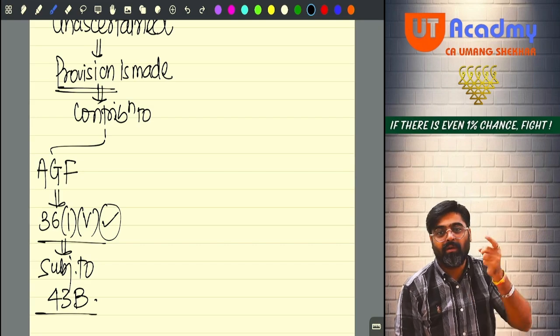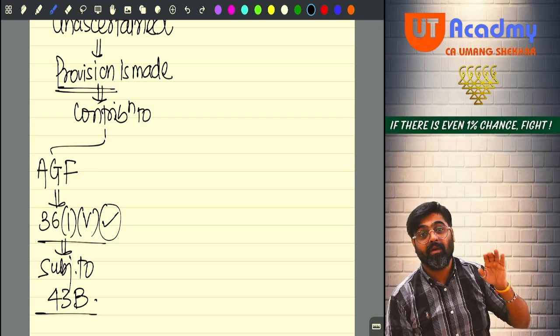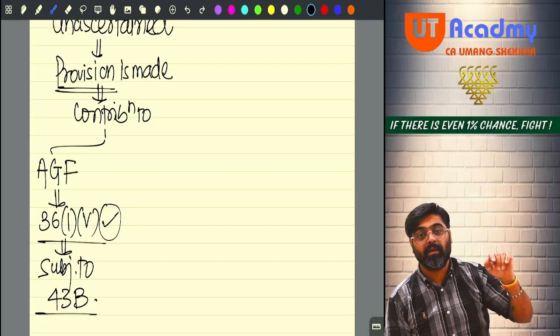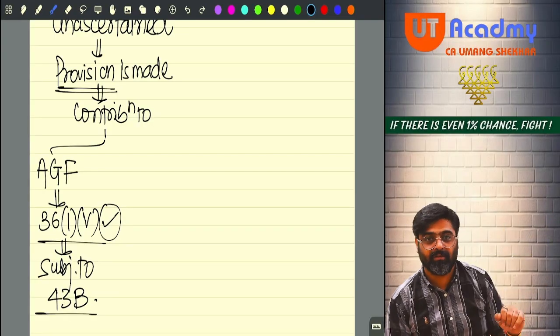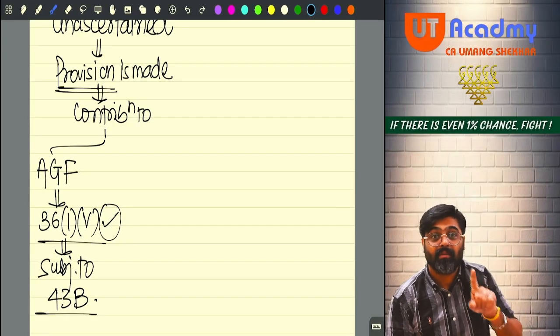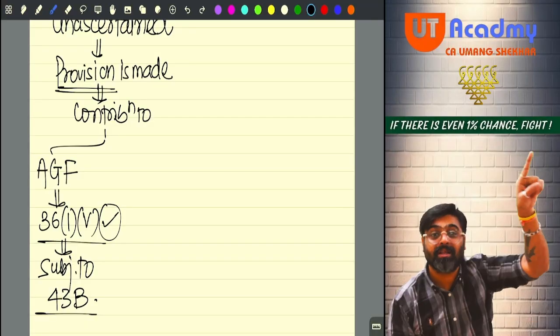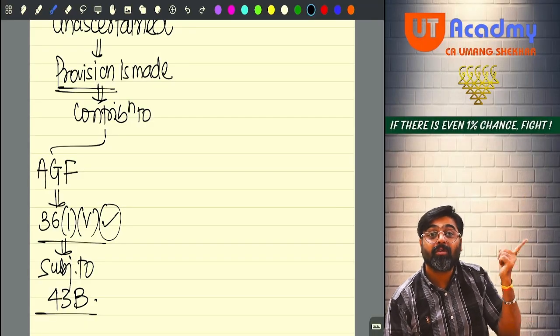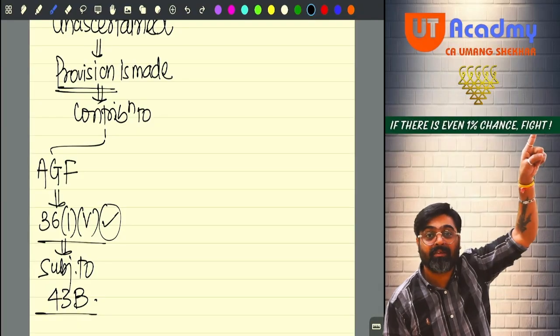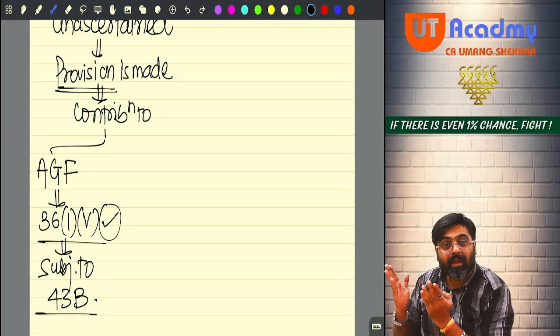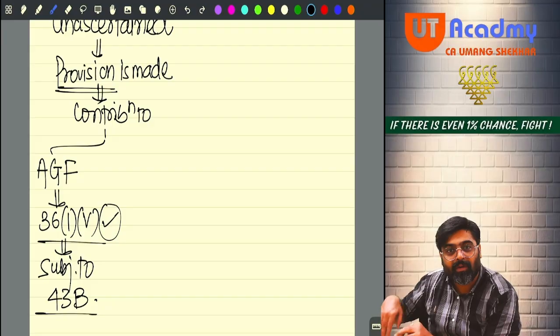In that year, whatever gratuity paid is my expense of that year, but it will not be allowed as a deduction in that year. Why? Because that amount is coming out of that amount which is already allowed as a deduction right now.